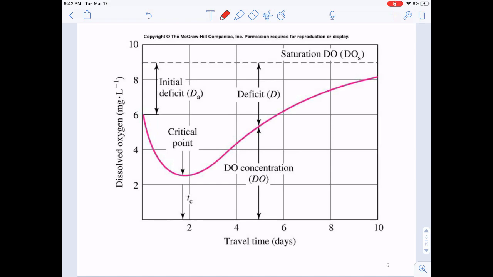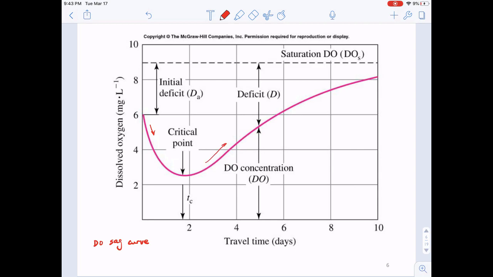When we further look into the river water quality, we introduce the DO sag curve, right? The DO sag curve tells us the dissolved oxygen concentration as a function of time. The dissolved oxygen concentration is going to decrease first, because of the deoxygenation coming from the oxidation of all the organic chemicals in the water.